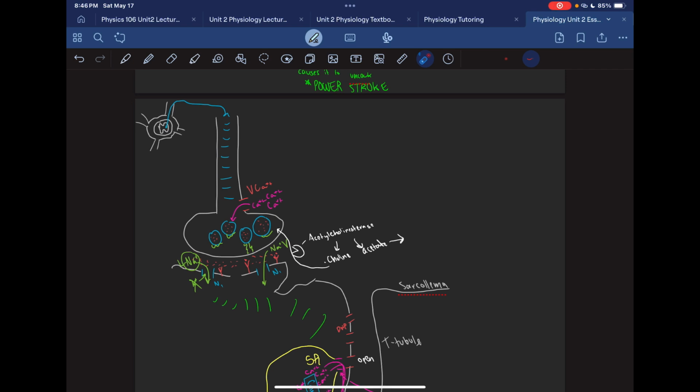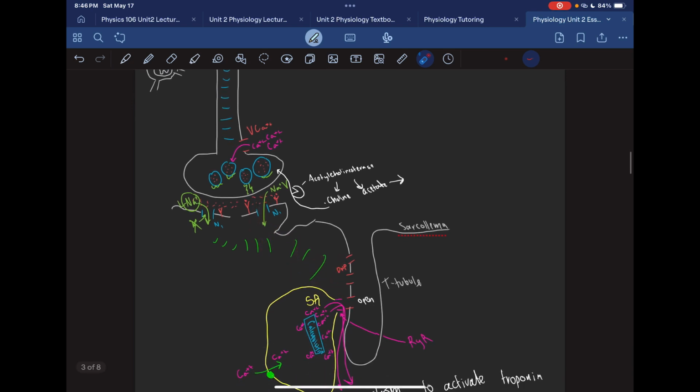And the acetylcholine then attaches to these acetylcholine receptors, allowing ligand sodium channels to open up. Once the sodium comes in, it sends more of an action potential off, allowing the sodium voltage-gated channels to open and let in more sodium.